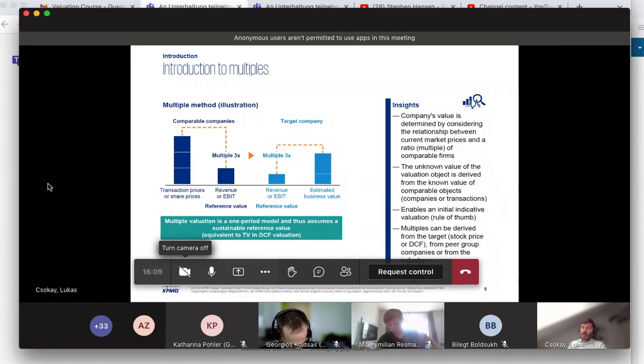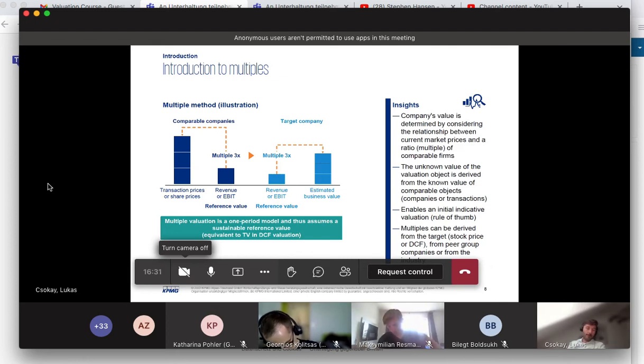It's basically equivalent to the terminal value in the DCF valuation. In a terminal value, we also assume a sustainable revenue level, sustainable profitability levels, and with that we go basically into eternity. And that's what the multiple also does.